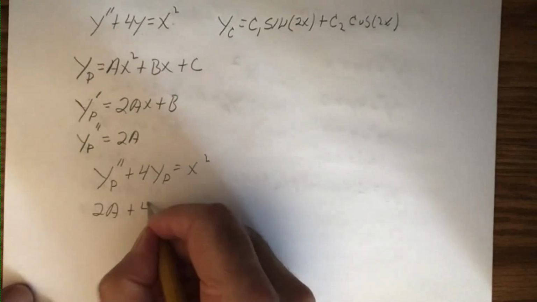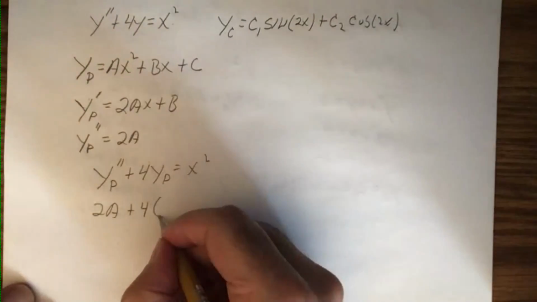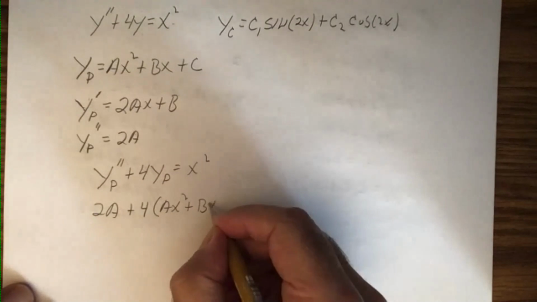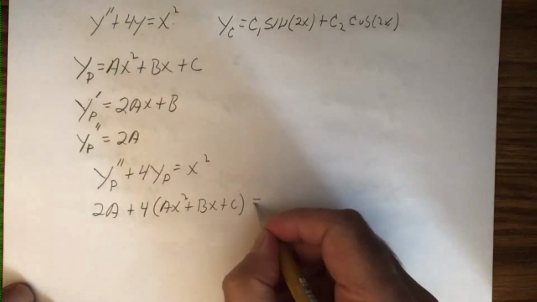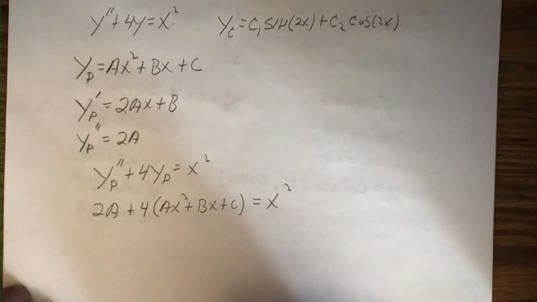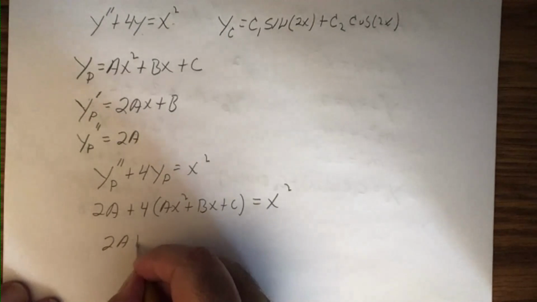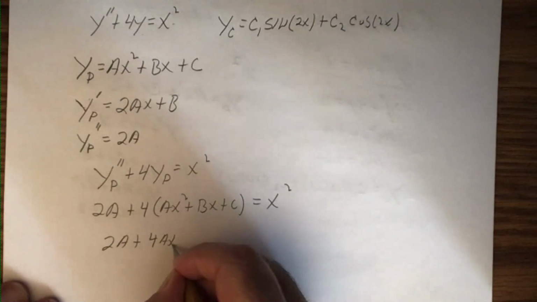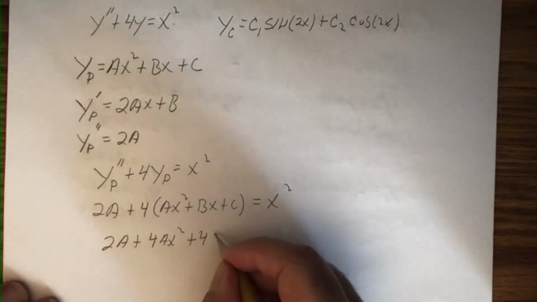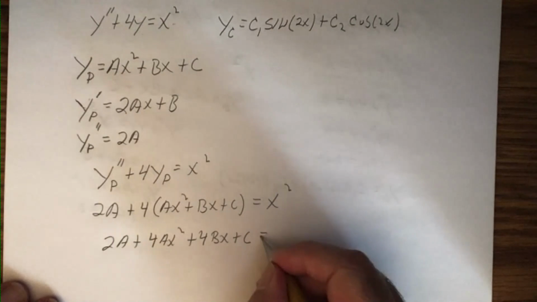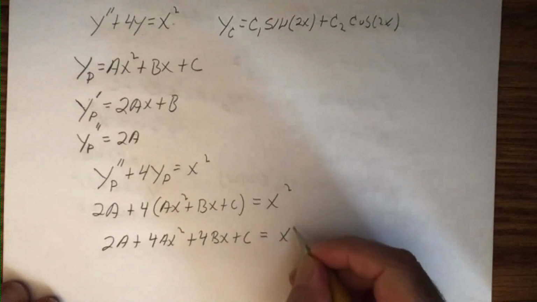Then I have plus 4, and then it's going to be times ax squared plus bx plus c, and this is all going to be equal to x squared, right? So far, so good. Okay, so now this is going to be 2a plus 4ax squared plus 4bx plus c is equal to x squared.